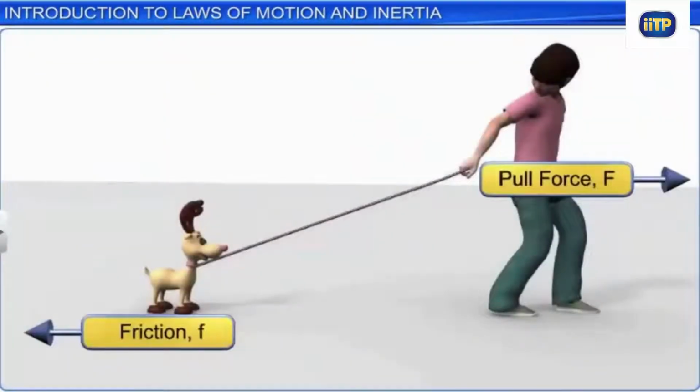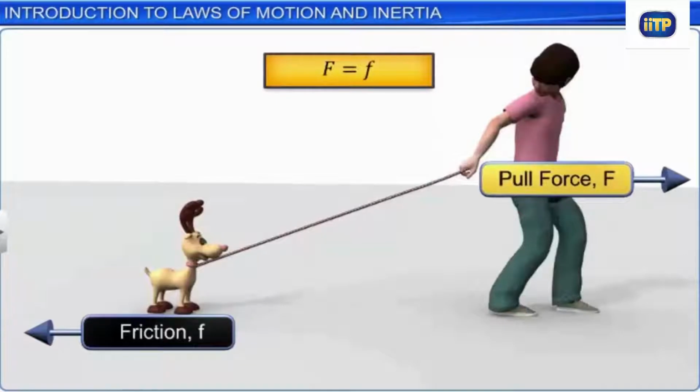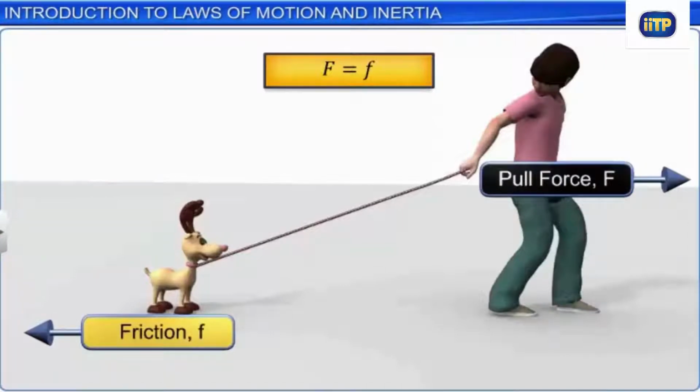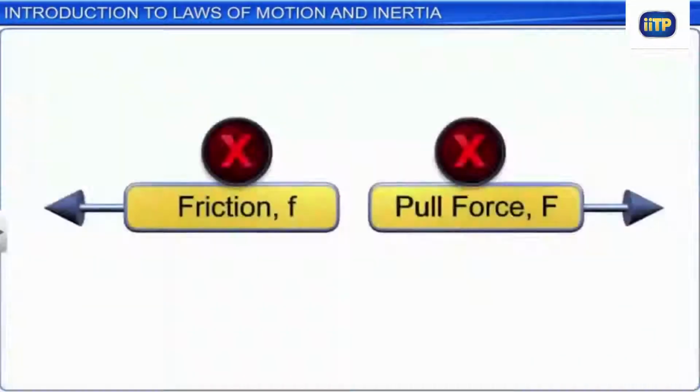However, if you carefully analyze the external forces acting on the toy, you will find that the pull exerted by the boy is actually equal to and opposite to the frictional force between the toy and the ground, which is again an external force. And hence, the net force acting on the toy is zero. We can thus conclude that the force applied by the boy is not in any way responsible for the motion of the toy car. In fact, the applied force just helps in overcoming the friction experienced by the toy.